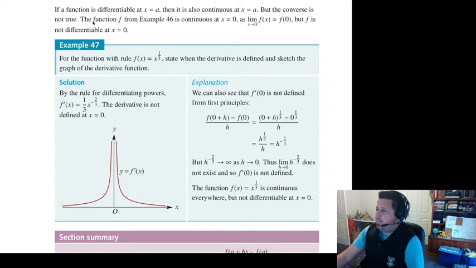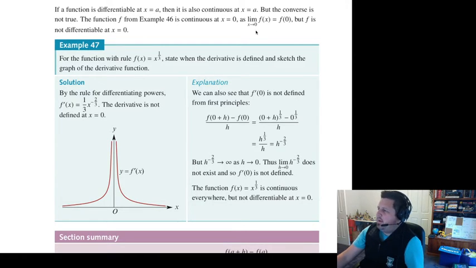So it says here, if you have something that is continuous at x equals 0, and as we get the limit as x approaches 0 for that function, but in this particular case f is not differentiable at x equals 0. So what it's saying is one way is true, but it can't work back the other way. If it's continuous, it's not necessarily differentiable at that particular point.